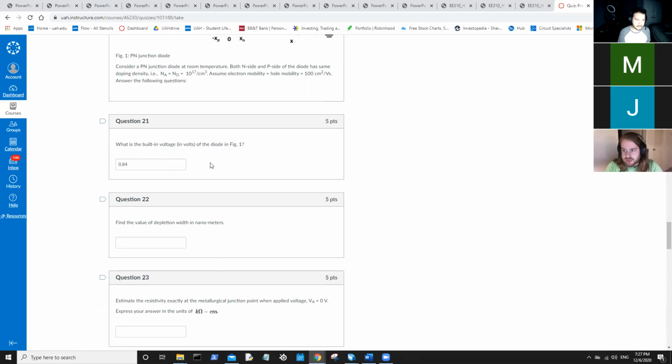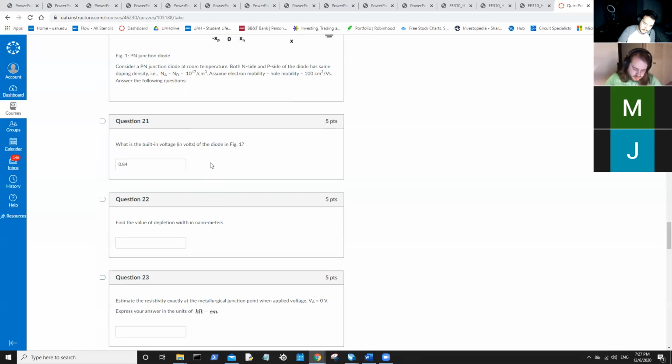For this one, it's just a one-formula question. The formula for built-in voltage, V_BI, is equal to kT over q times ln of NA times ND all over n_i squared. Those three terms are inside the ln as a parameter, and that's it. n_i is a given constant. n_i squared is 10 to the 20th, but n_i itself is 10 to the 10th.